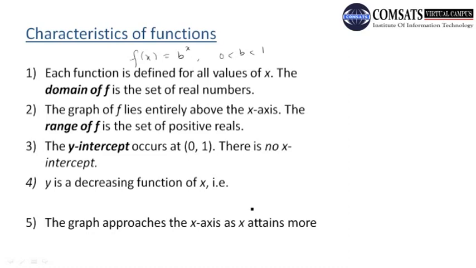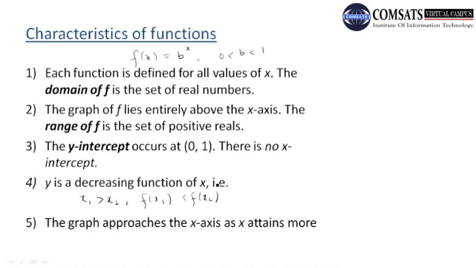The y-intercept, as with the case of b greater than 1, occurs at 0, 1, and there is no x-intercept. That is, the graph does not touch the x-axis at all. Our y is a decreasing function of x, that is, when we have two values x1 greater than x2, then f of x1 is less than f of x2.